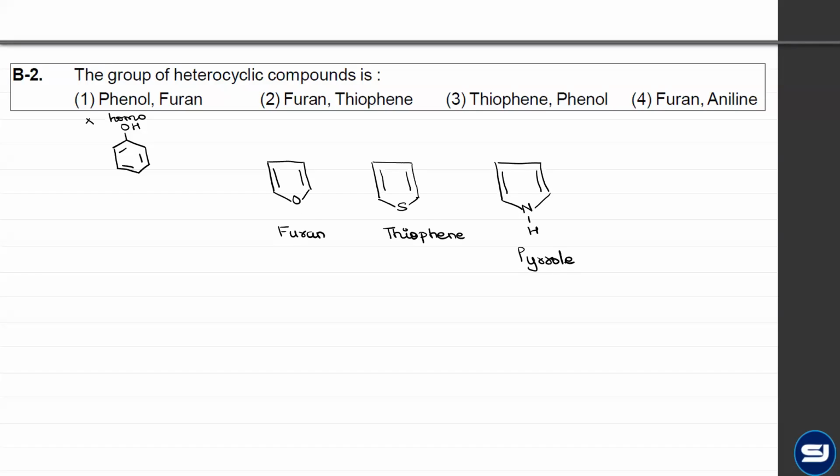These three examples are important. Furan and thiophene are already given. They are heteroaromatic compounds, and in this arrangement, if sulfur is replaced by NH, it will be pyrrole. Three very important examples, write them down together. The answer is option 2. Draw the structures alongside.